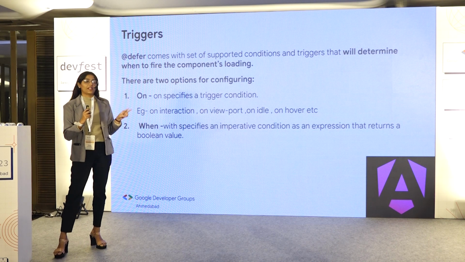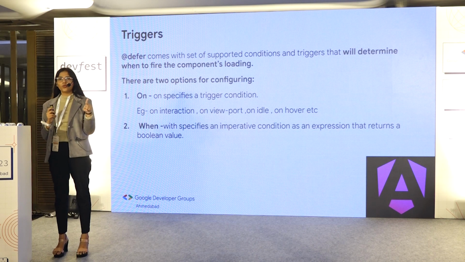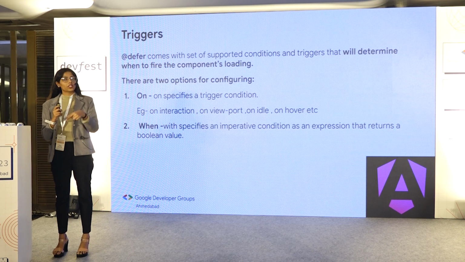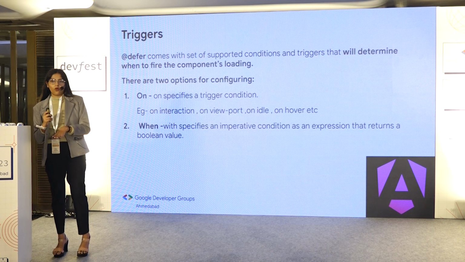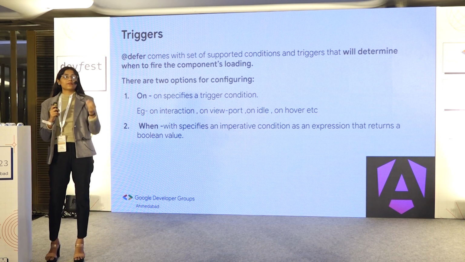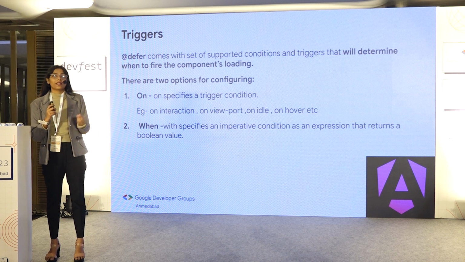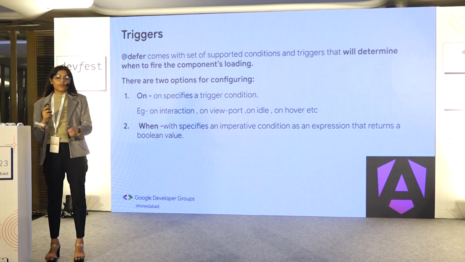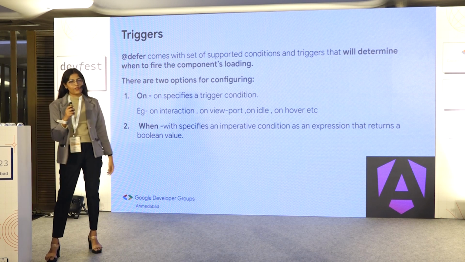So Angular provides you both things: if you want to load your component on the basis of interaction or any activity a user can do, Angular provides on triggers. And if you want to load your component on the basis of a Boolean value that you define on your own, it provides you with when.